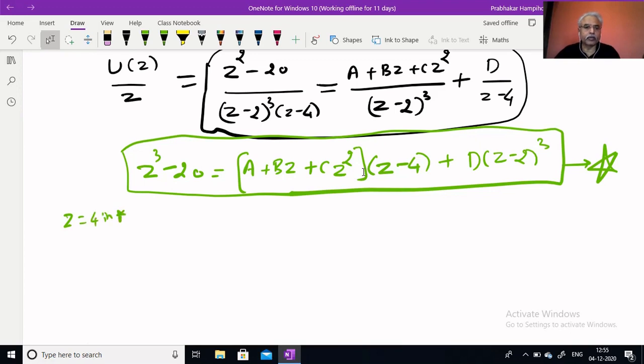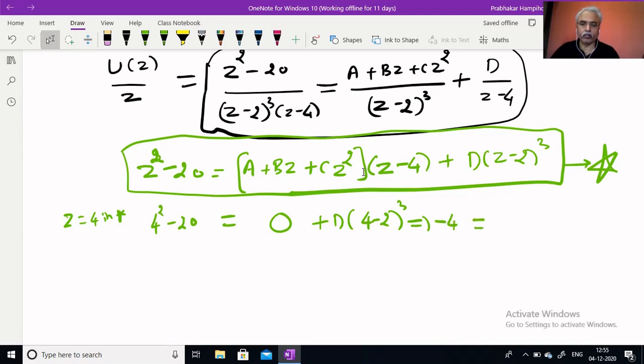So this is z² − 20. If I put z equal to 4, naturally 4² − 20, and the first term becomes 0, and this is d into (4 − 2)³. This implies 16 − 20, that is −4, equals 2³, which is plus 8 times d.